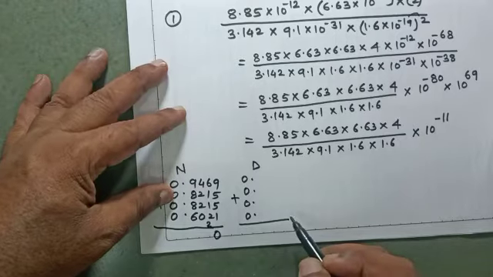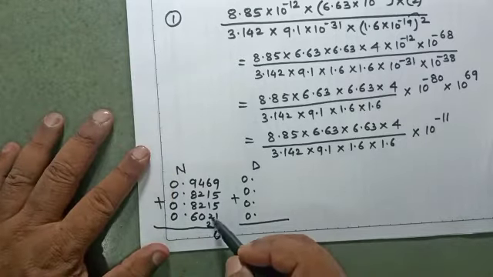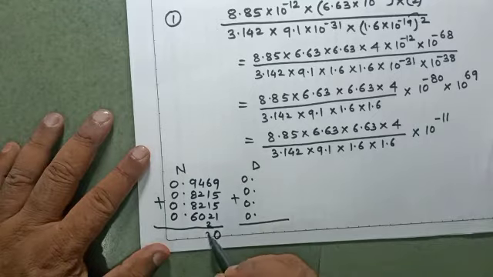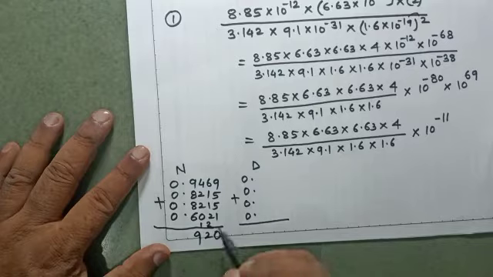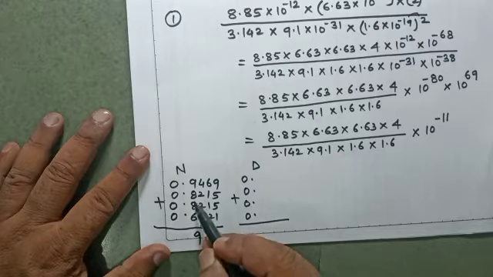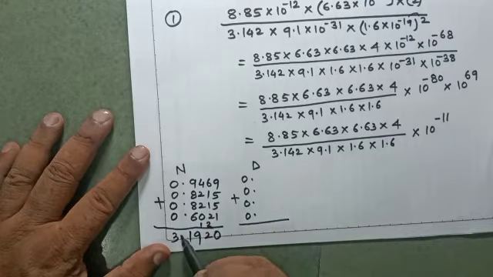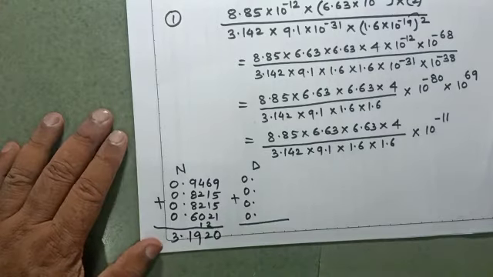So 2 is 2, 4, 5, 6, 6, 12, 1. So 5 and 4, that is 9. 8, 8, 16, 22 and 31. So here the addition of the numerator is 3.1920.